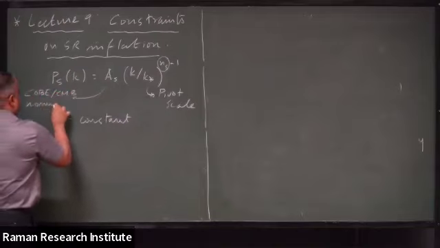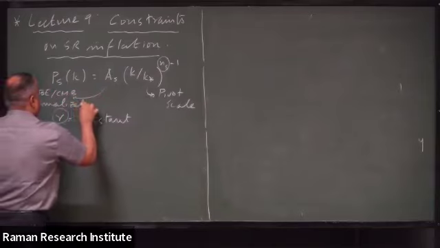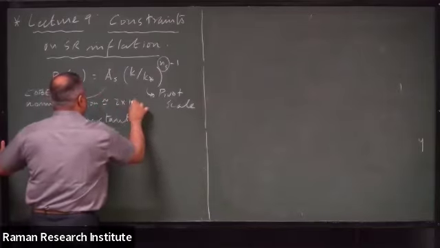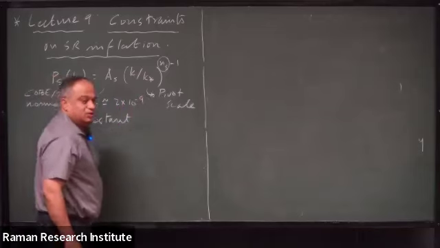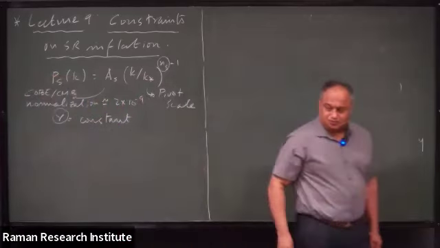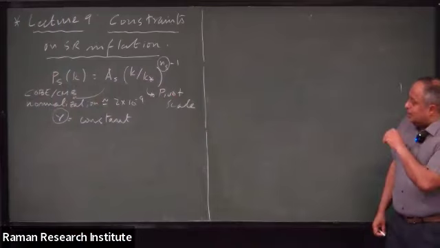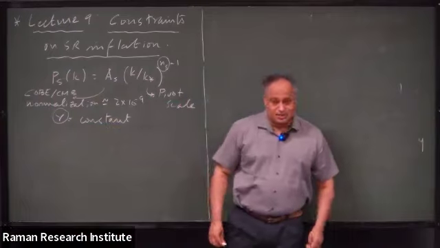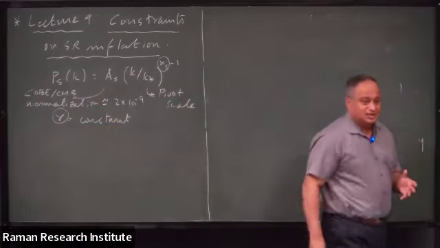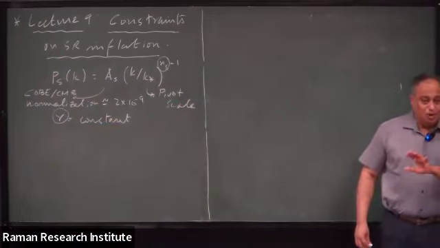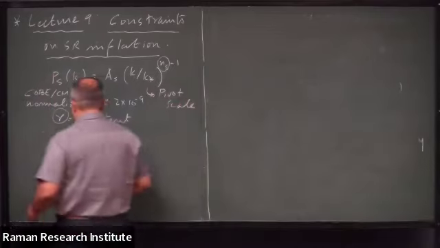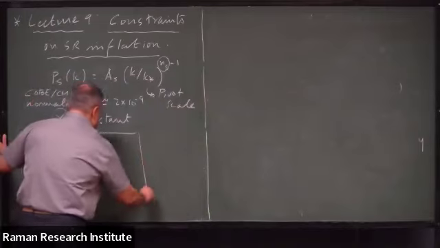And we know its amplitude very well. That happens to be something like 2.3 times 10 power minus 9. And what we are trying to arrive at is constraints on r and NS. We haven't seen the tensors, so we are still not worried about NT, okay? And you would have recalled, I had constraints of this type.